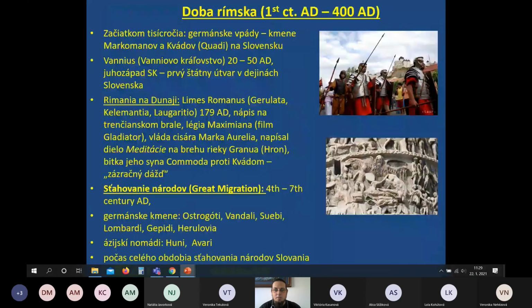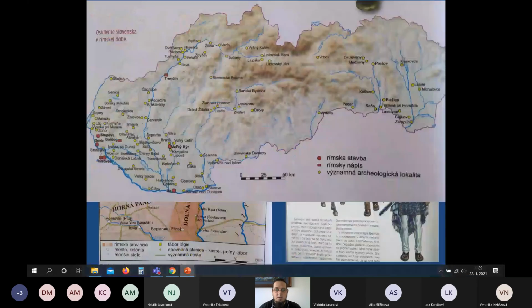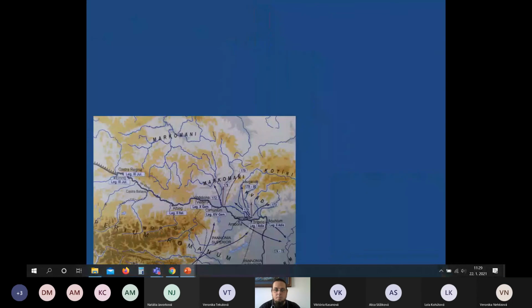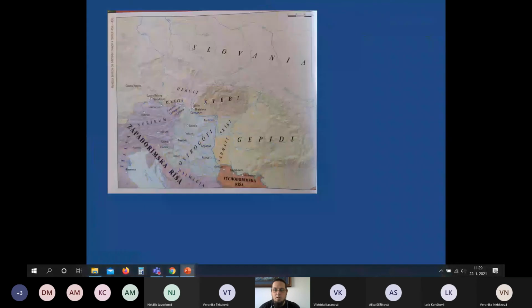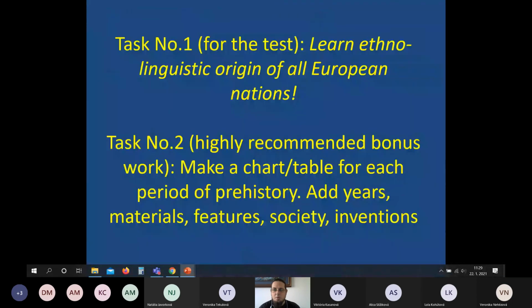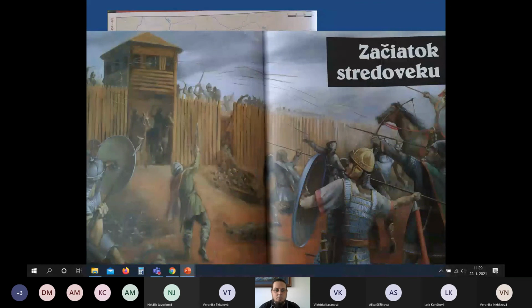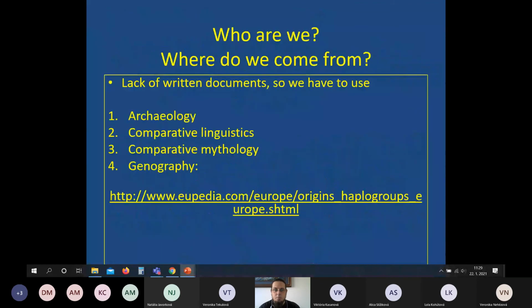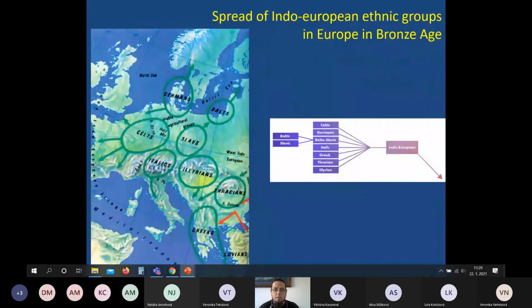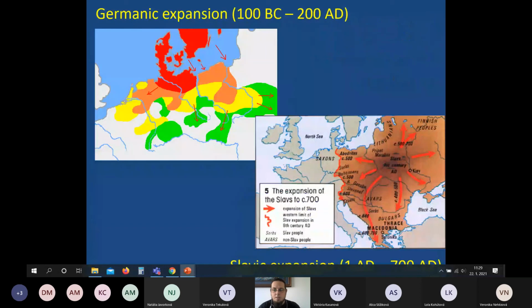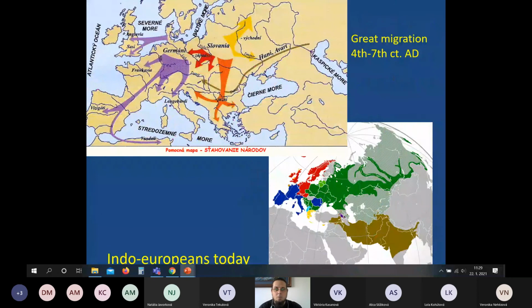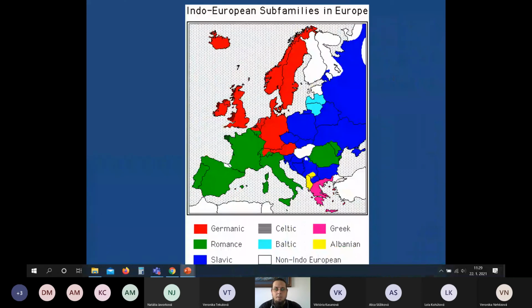So that will be all next lesson, and Romans too. That would be the thing we come to in the end, the origin of nations and something that we call the ethnogenesis of nations. So how various nations came about.